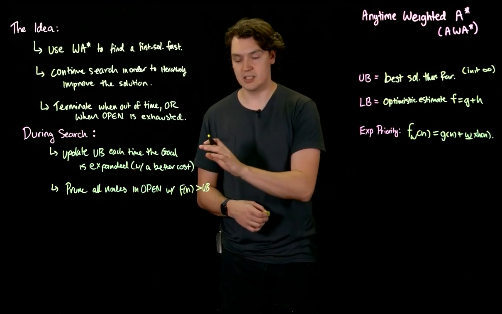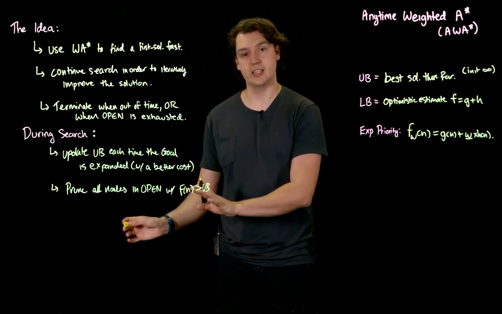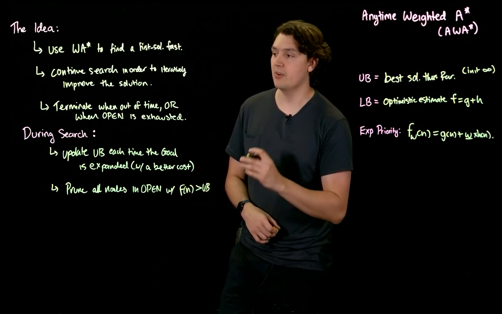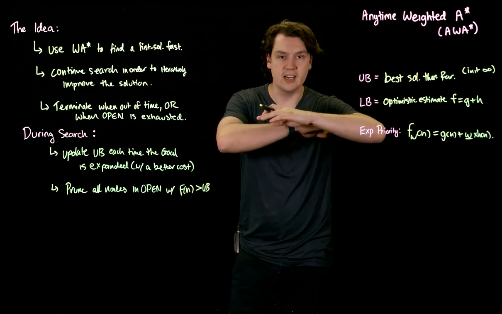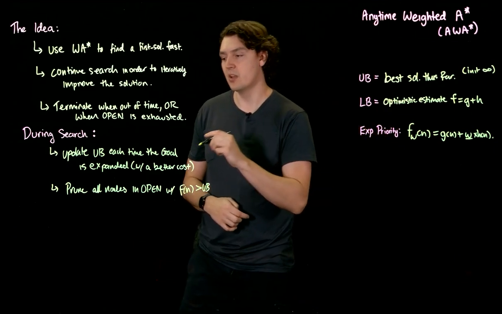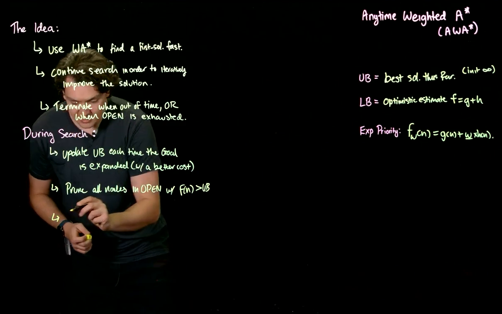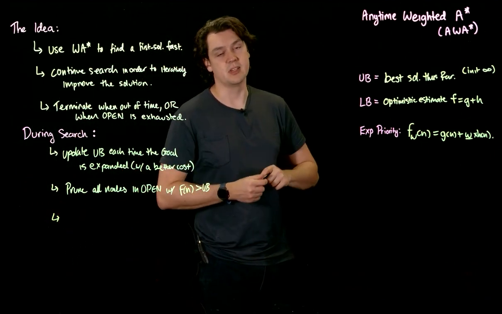These are the nodes that are not promising. We get to prune them. Now, the final aspect of this, the bit that relates to when open is exhausted and how that relates to the crossing, well, this is where we kind of have to walk through an example to understand.